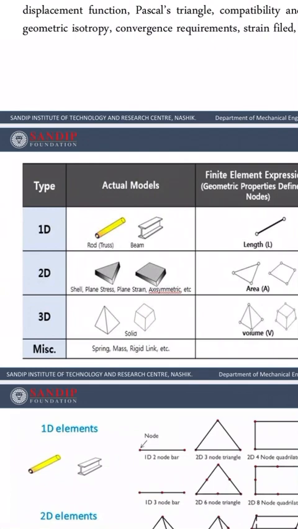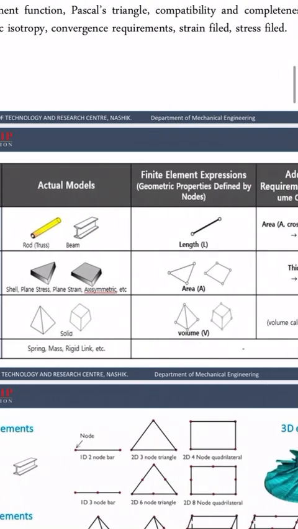For example, a duster or a ball is also considered a three-dimensional geometry. Now second, we will distinguish these three elements based on finite element presentation or finite element expressions.